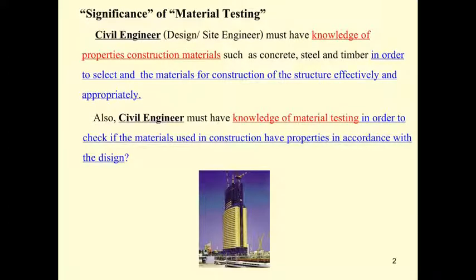So for every 50 cubic meters of concrete, you have to take some specimens, like 5 specimens, to test for the material property that you bought the concrete for. That means you're going to check whether the material used in construction has properties in accordance with the design and in accordance with the money you paid.